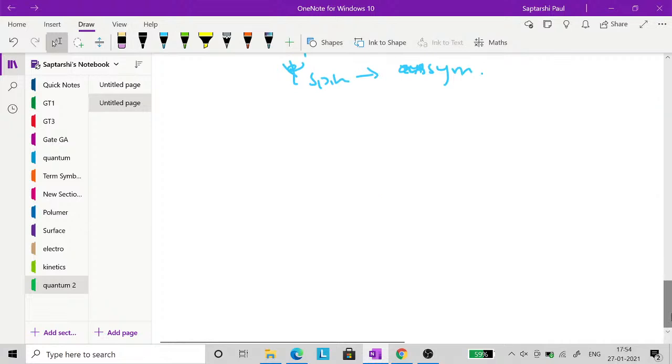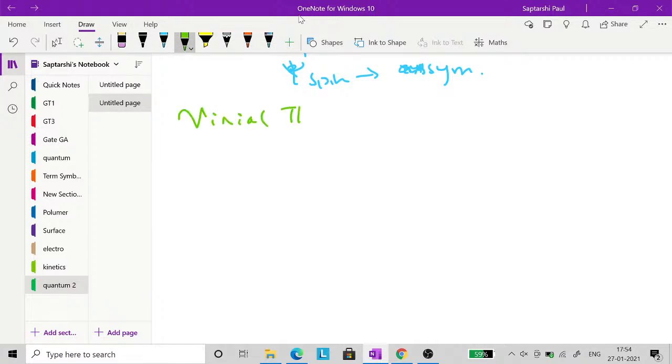I took a different pen to explain this. Virial theorem. The main formula for the Virial theorem is this: 2T, where T is the kinetic energy, is equal to NV. N is the homogeneity, which I will explain.